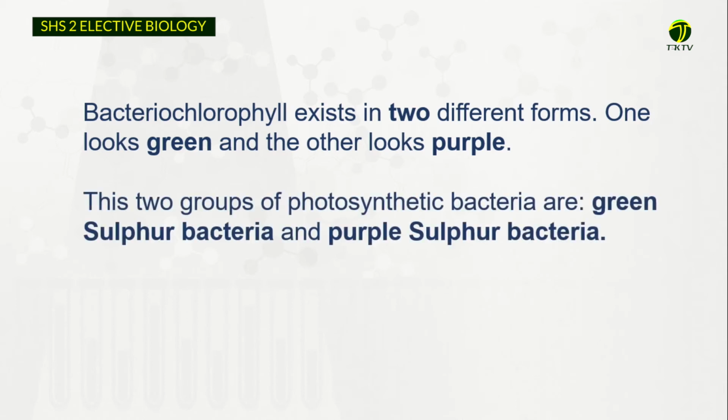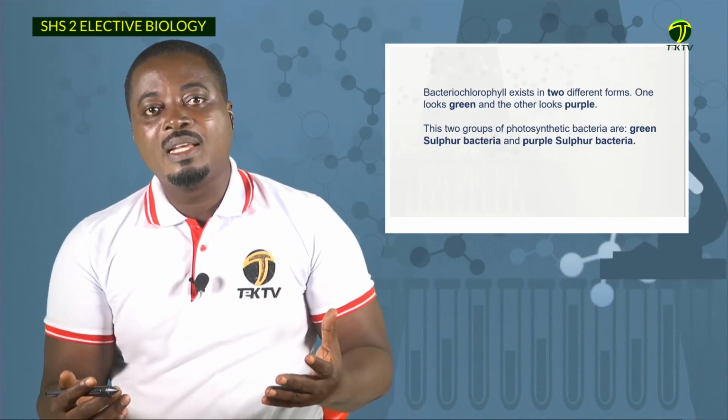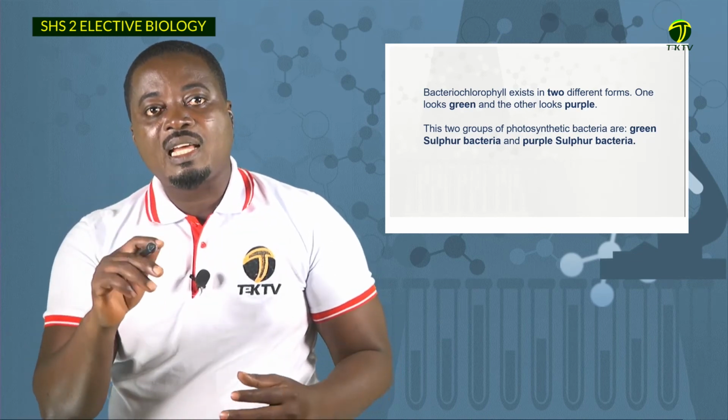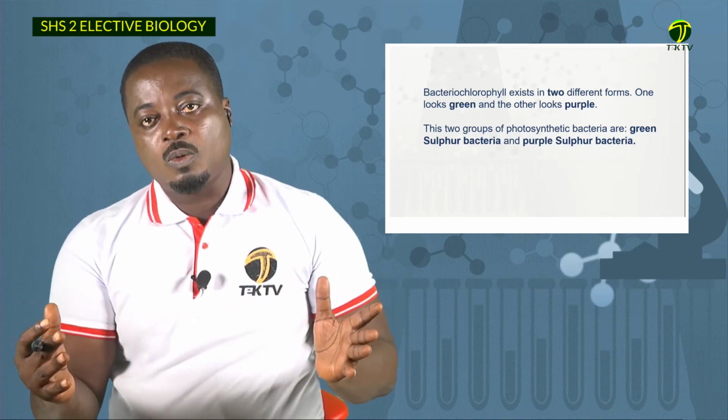Therefore, we can also say that the two groups of these photosynthetic bacteria with bacteriochlorophyll are green sulfur bacteria and purple sulfur bacteria. You can also call them that. Since we call them sulfur bacteria because they use hydrogen sulfide instead of water, you can also group them and say that they are green sulfur bacteria and purple sulfur bacteria, because the color of the bacteriochlorophyll that exists in them, one is green, the other is purple. That also gives the name.